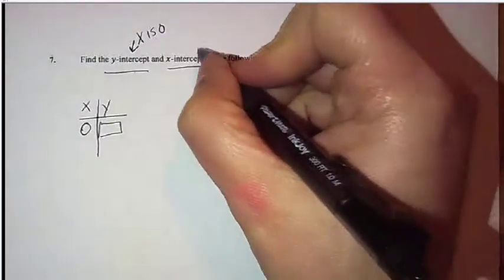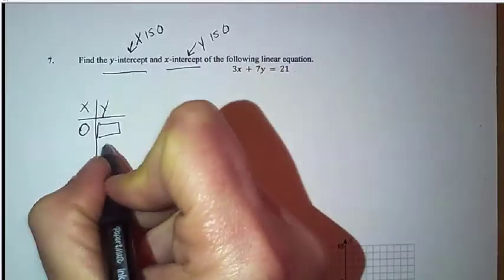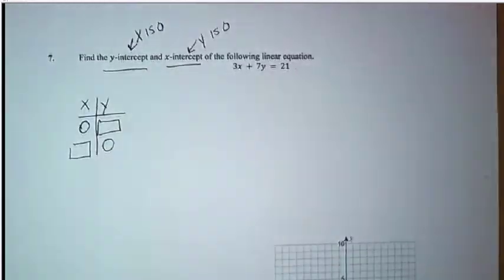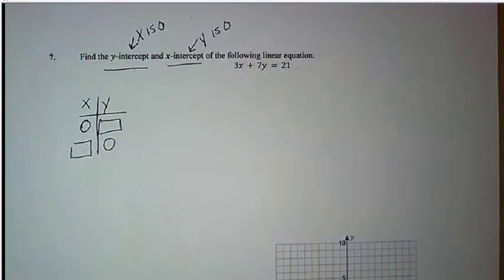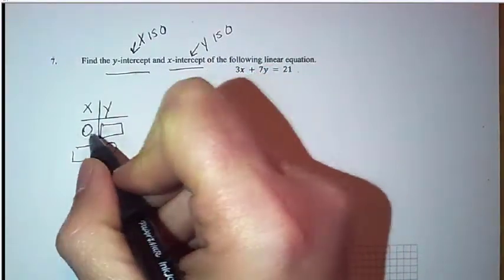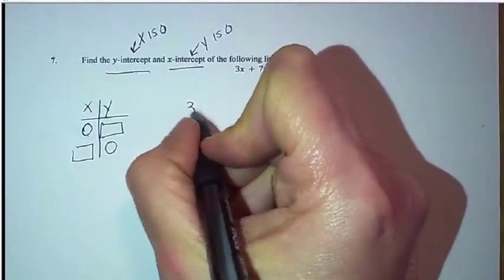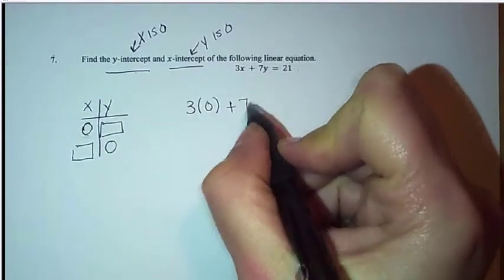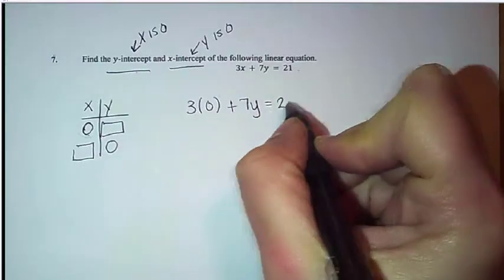And then the same thing is true for the x-intercept. I know y is 0, so I'm going to put a 0 here for my y, and I'm going to plug that in and try to figure out what my x value is. Okay, so if we start with our first point here, we're putting 0 in for our x. We're going to do 3 times 0 plus 7y equals 21.